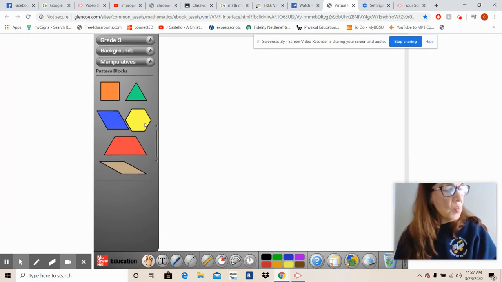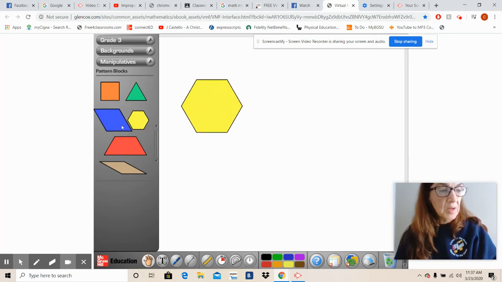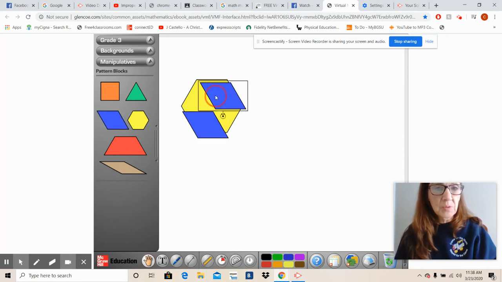All right, so what fractional part of the cake was the blue parallelogram? That was 1/3, right. How much cake will we have if we have 2 blue parallelograms? If we had 2 of these, let me turn them over here.